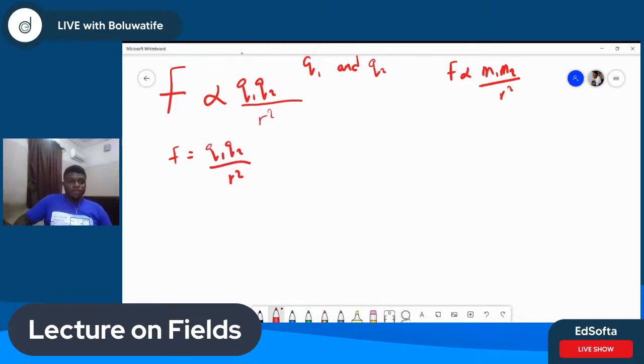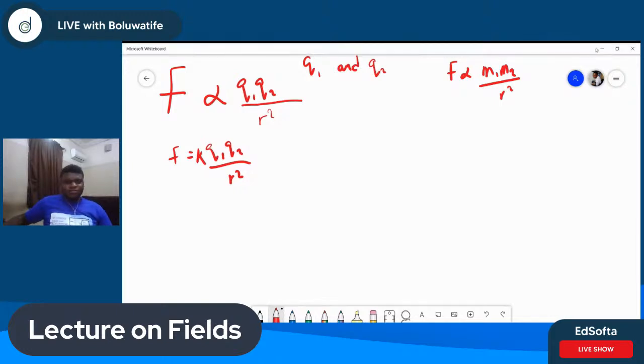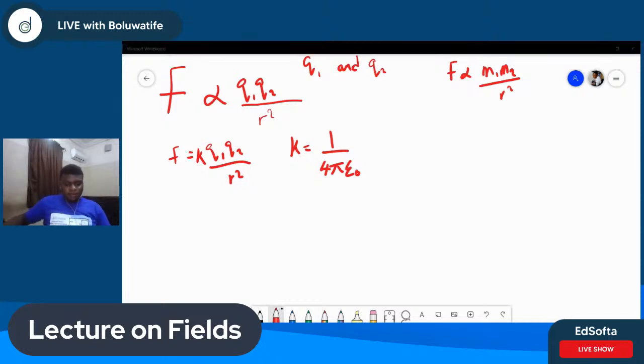Coulomb's constant of proportionality is a rather complicated one, which happens to be 1 over 4 pi epsilon 0.